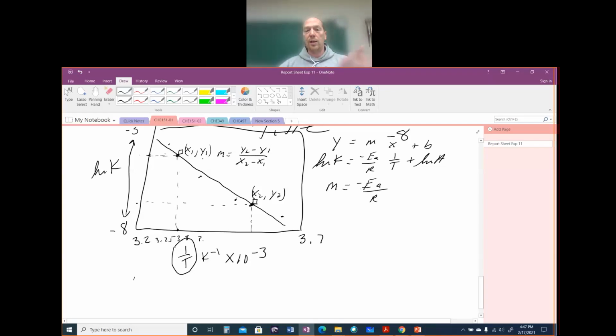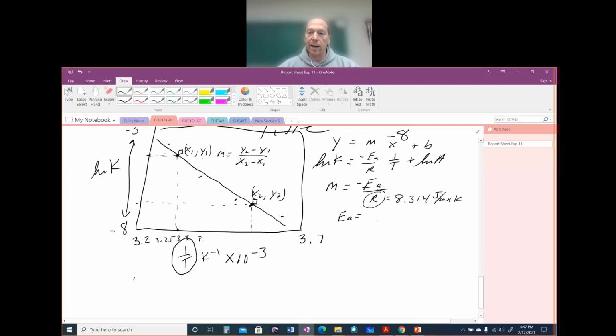We also see that I have a graph, and your graph should look very similar to this. It's going to have a negative slope. And so the slope that you're going to get, as you see in this picture, is going to be a negative slope. And so your energy of activation is equal to, now your R value here, energy of activation has to be in joules per mole. So the R value is the 8.314 joules per mole Kelvin.